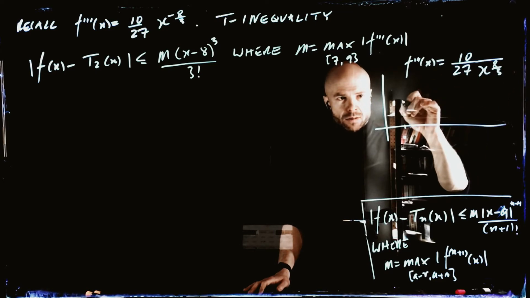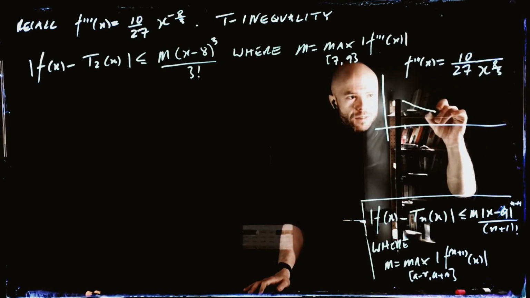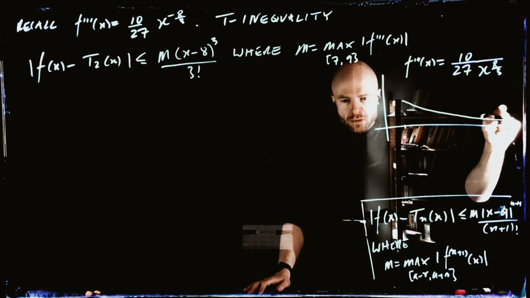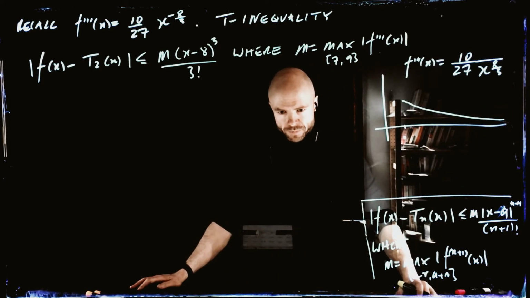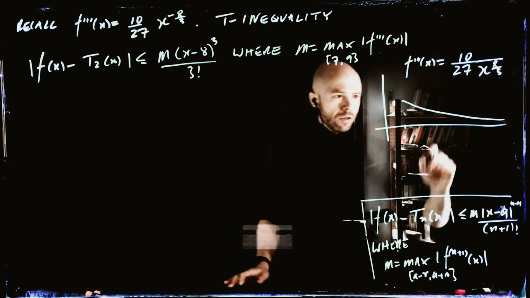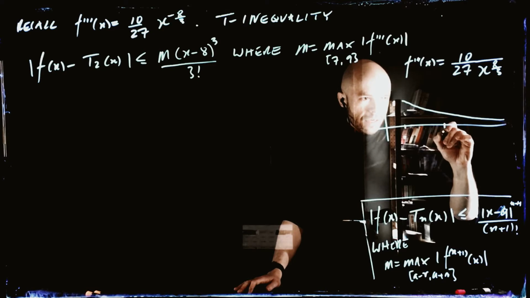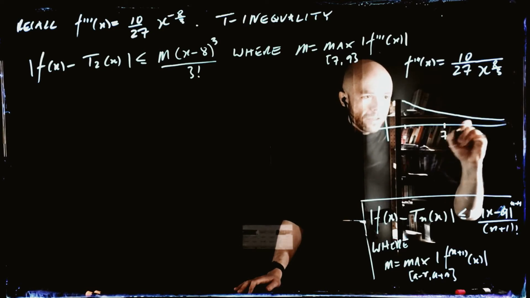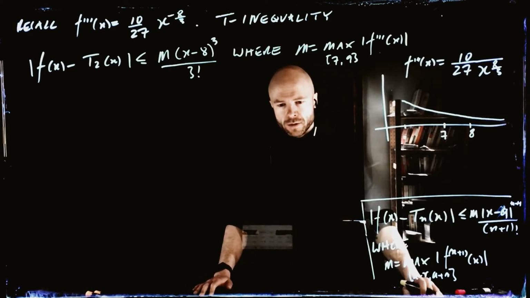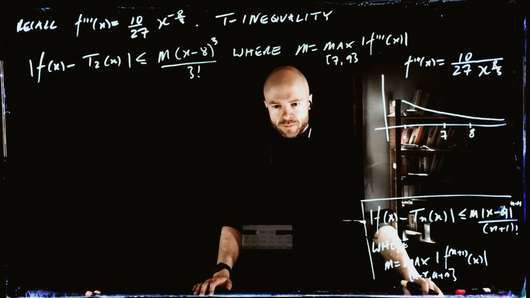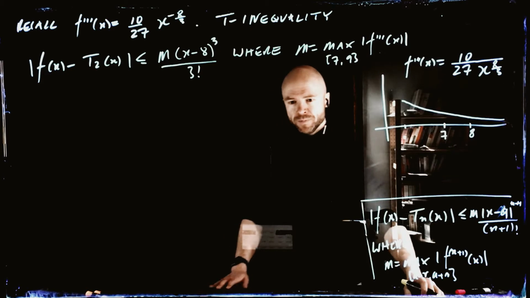So this thing is steadily decreasing from 1 onwards. See what I mean? And what do we want? We want to estimate the maximum of this thing over the range 7 to 8. So where are we going to find the maximum of this thing? That's 7.